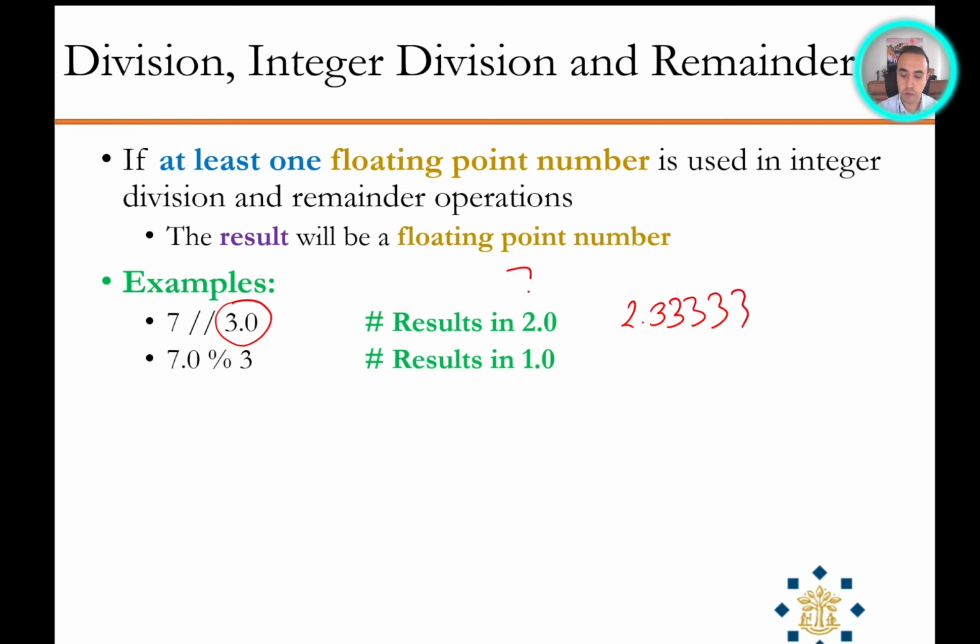If we do for instance 7 division 3, this is the result, right? 2.333, it goes on. But since this is integer division, so we have double slash here, now the result will be only the integer part. It's not 2.333, it's only 2. But again, since here we have 3.0, now we'll get 2.0. Also, 1 is float, so the result is 1.0, just like I explained in the previous example.